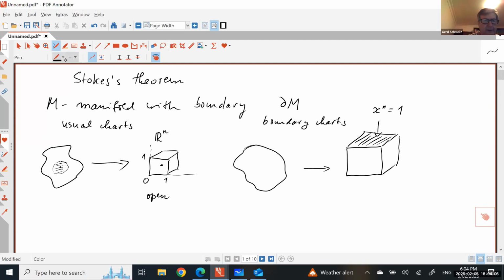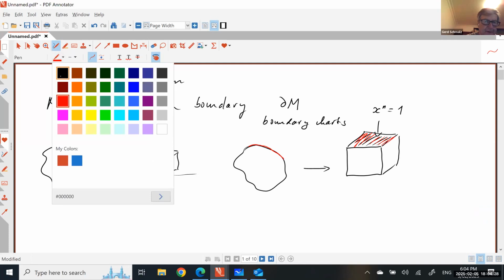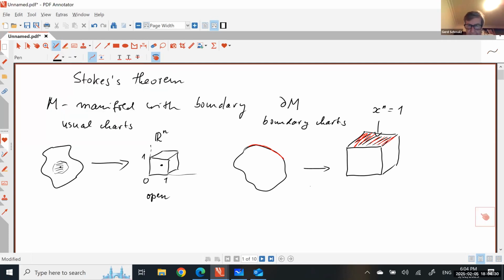So maybe with a different color. We have some part here which goes here. Still, we want this homeomorphism including that piece of the boundary.